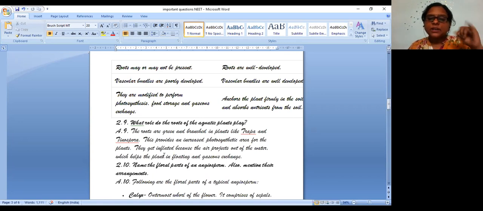Two functions mainly you have to keep in mind for the aquatic roots: they modify themselves either to do photosynthesis, or they make their roots inflated so that they can float. They get inflated because air projects out of the water, which helps the plant in floating and gaseous exchange. When they float, only then can they do the gaseous exchange with the atmosphere.